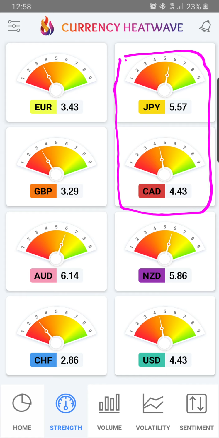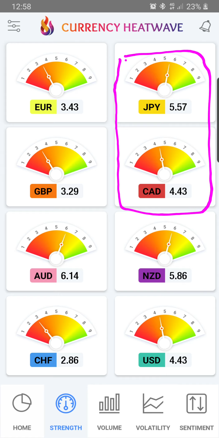So that's how you pair them. If you want to trade the trending markets at the moment, you look for the ones that have high variation, pairing one with a very low value and one with a high value, maybe 2 and 6, or 7 or 8. That's how you get your trending market.